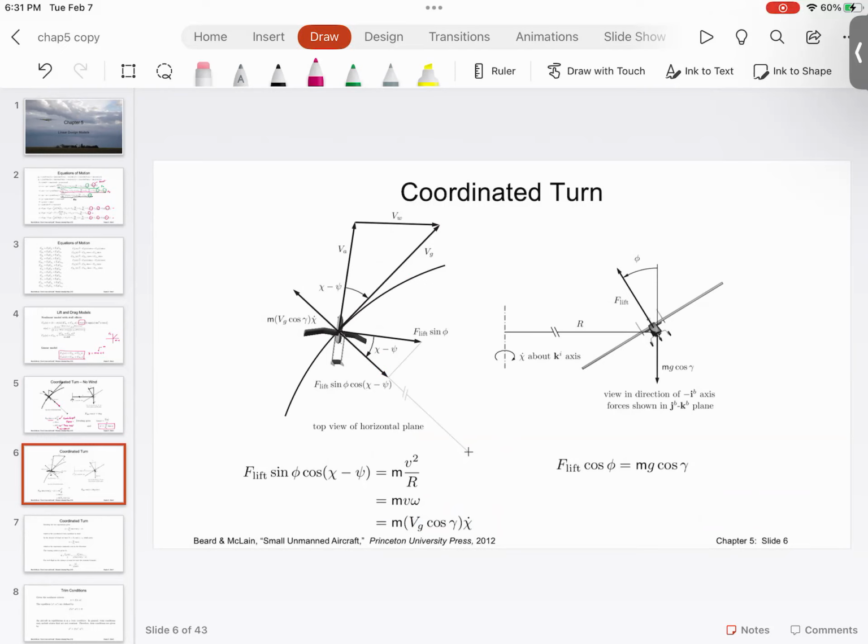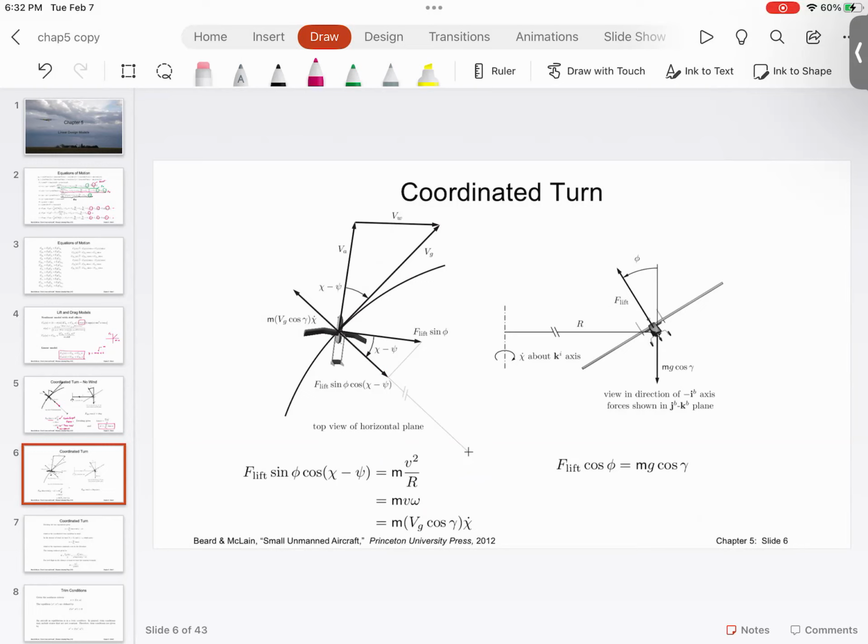If you have wind, that wind is going to change the relative heading of the aircraft. If the aircraft wants to go like this, but the wind is coming like this, the effect of wind will be to yaw the aircraft more. If the wind is acting in the opposite direction, then the effect of wind is to rotate the aircraft towards that direction. So this term is because of the wind.